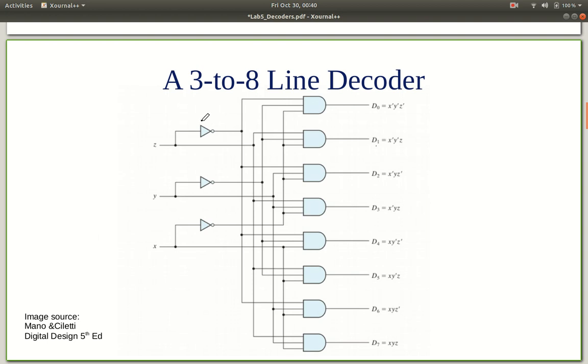Here is a circuit for the 3 to 8 line decoder. It just consists of a range of AND gates, and D0 is 1 when X, Y, Z are all zeros. Similarly, D1 is asserted when X, Y, Z refers to the combination 0, 0, 1, and so on.